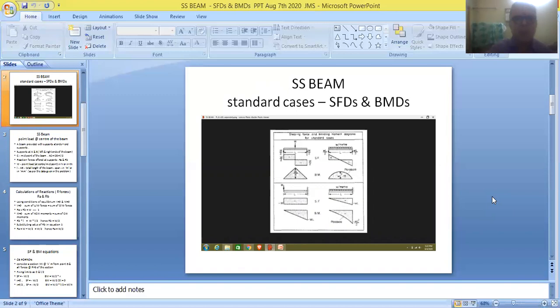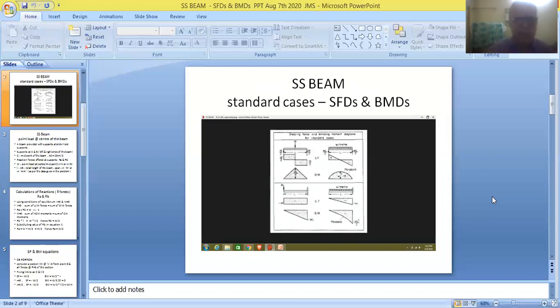So we have to prepare the SF diagram in this particular fashion. These are negative values. The minus symbol is written in the rectangle that is coming below the baseline, and the plus symbol is written in the rectangle that is coming above the baseline. So negative values will be coming below the baseline, and positive values will be coming above the baseline. So we will be in a position to construct the SF and BM diagrams in this particular fashion.